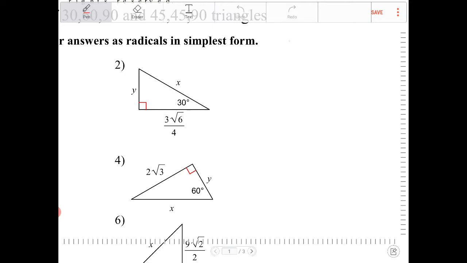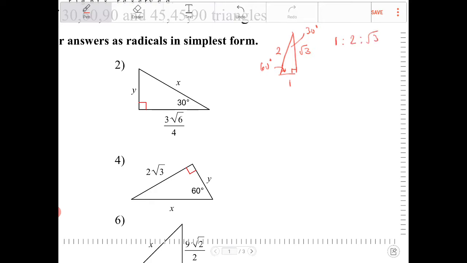From the lesson, by applying the Pythagorean theorem, the sides are 1, 2, and square root of 3. All 30, 60, 90 triangles will have proportions of 1, 2, radical 3.